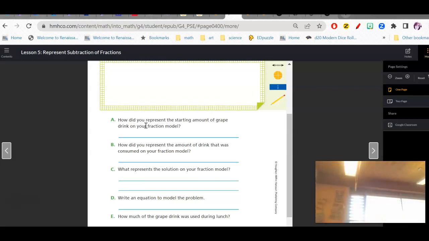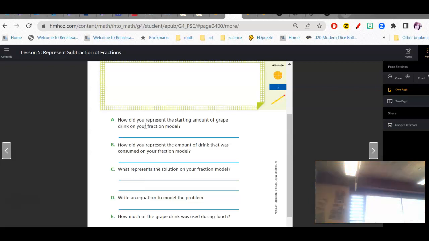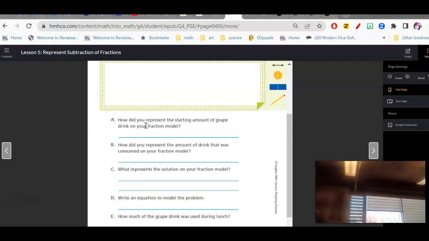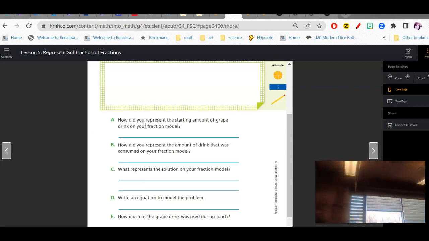So, what represents the solution on your fraction model? So, what represents our solution? The amount that is shaded in, that is left over and not crossed out, is our answer, right?